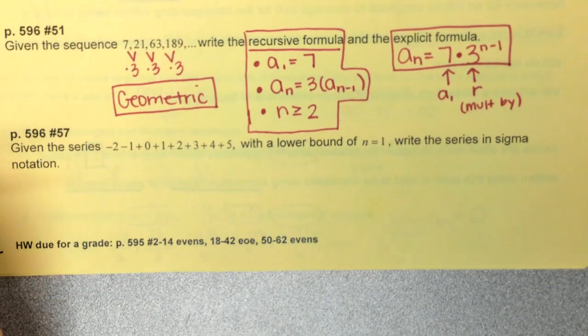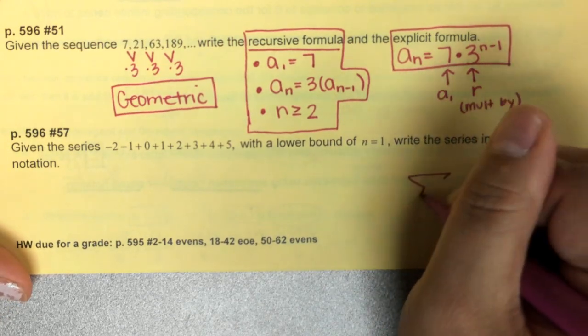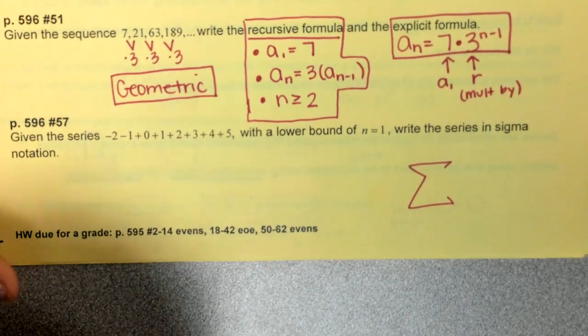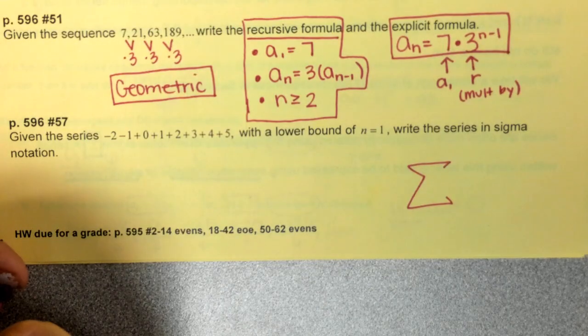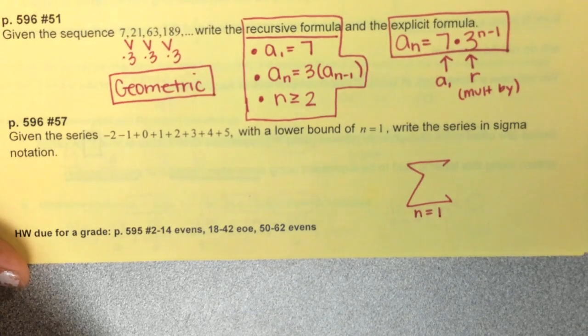Last but not least, given this series with a lower bound of n equals 1, write this series in sigma notation. How do I write this answer in sigma notation? Well, what do I know about the lower bound? N equals 1.